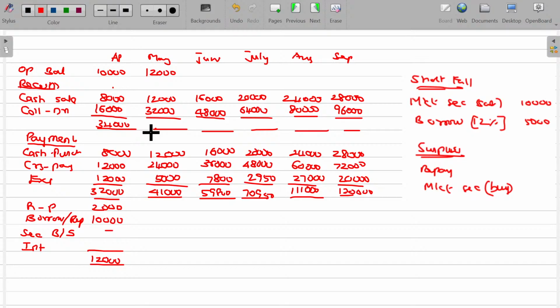Next period, what is the total amount you have in your hand along with the opening balance? 56,000. 41,000 is used and you have 15,000, but you have to pay the interest. How much? For the 10,000, 1% per month. 100 rupees interest is payable. After the payment of interest, you have a balance of only 14,900.